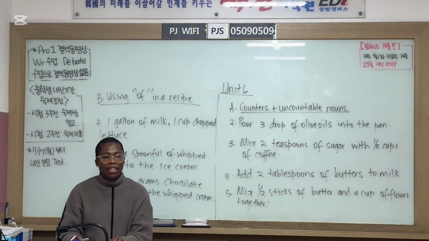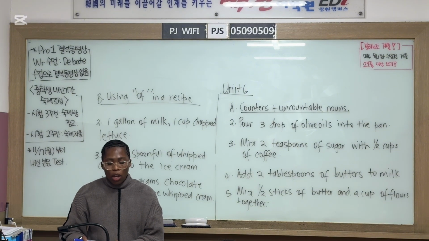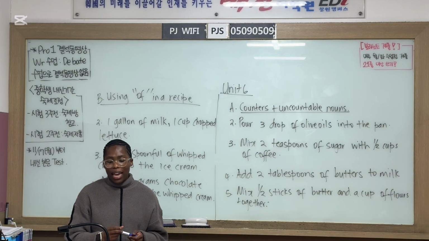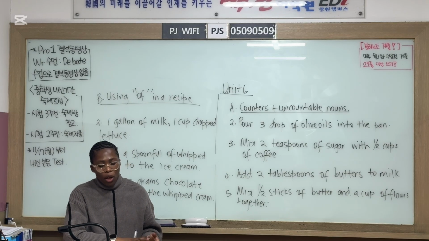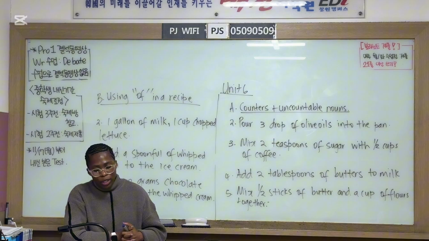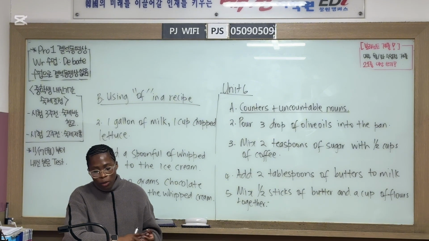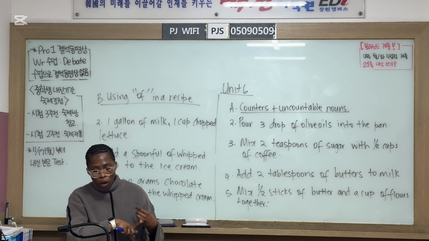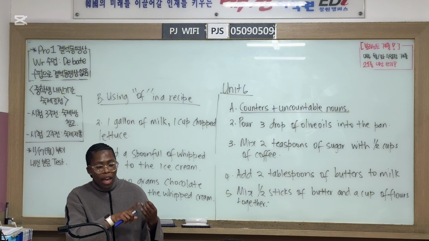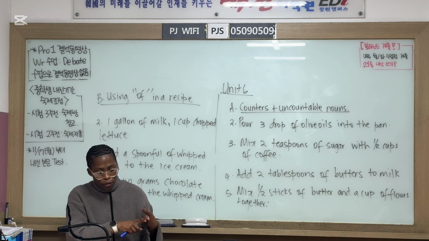Countable and uncountable nouns. We have to find the mistakes in these sentences and rewrite them. When we measure uncountable nouns, we have to use counters. Our counters can be a cup of, a drop of, a spoonful of.